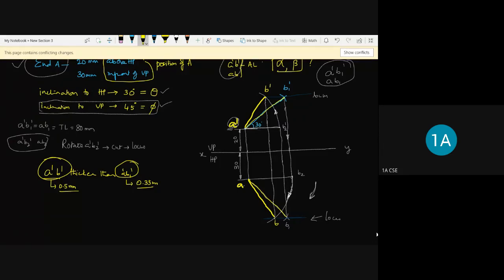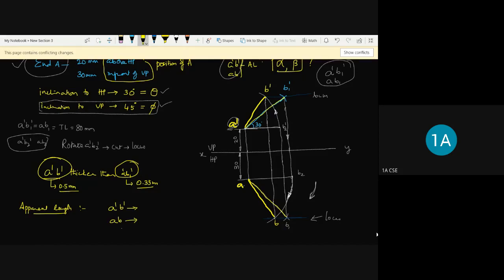This is the projection of the line. But what is asked? He asked to find out the apparent lengths. What are those apparent lengths? Apparent lengths are nothing but A dash B dash. Find the length of this line and show it. Similarly, find the length of AB.